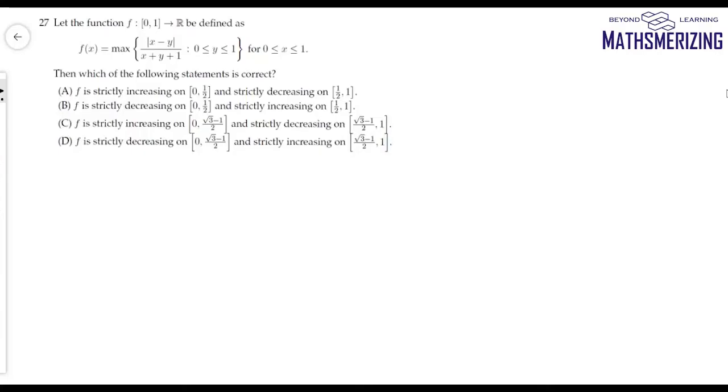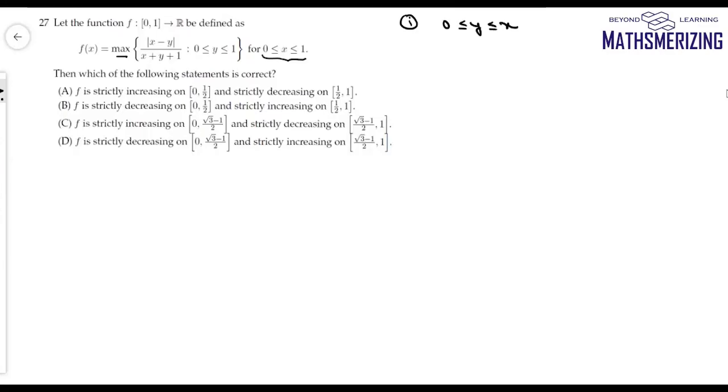Now question number 27, it's a wonderful question. It says this function f(x) is defined as maximum of mod x minus y upon x plus y plus 1, when y lies between 0 and 1, for x lying between 0 and 1. So for this function, I'll consider this first case when y is less than or equal to x.